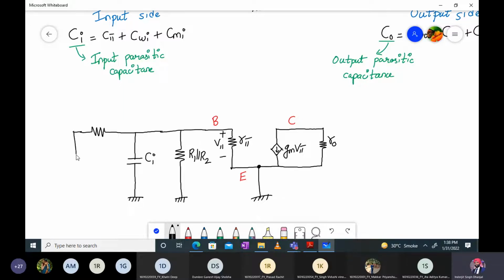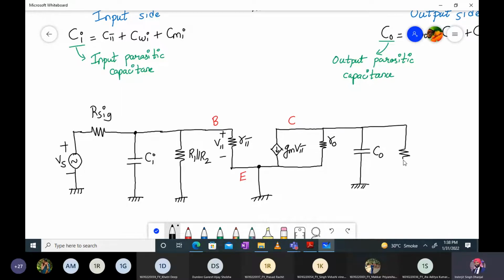And over here we have the input supply plus minus Vs. Fine, this is R sig. So now the input side has become very, very simple. At the output side, what do we have? We have over here CO, the output parasitic capacitance. And then we have two resistances which are in parallel, RC and RL.